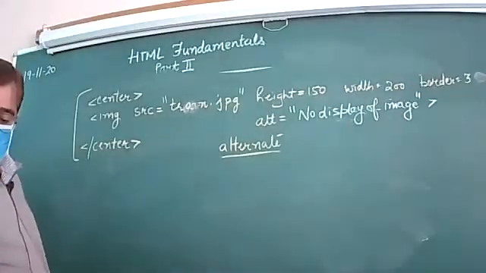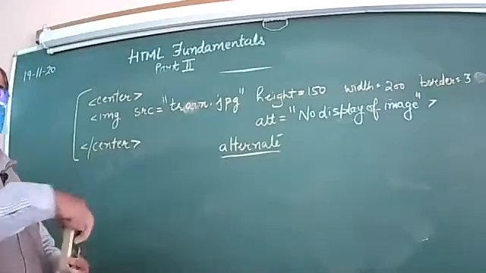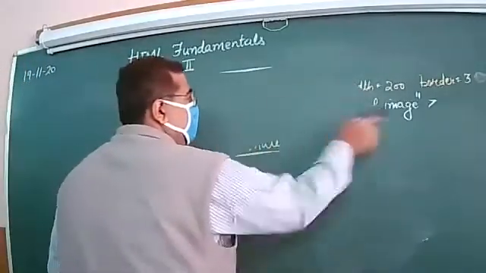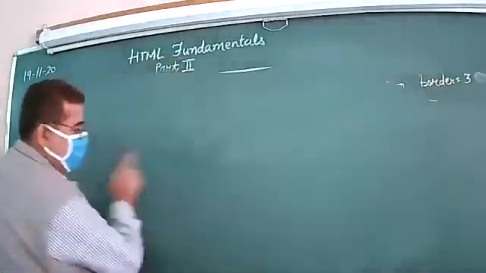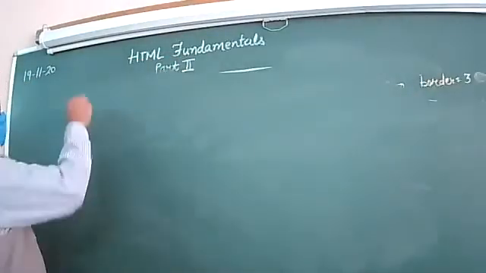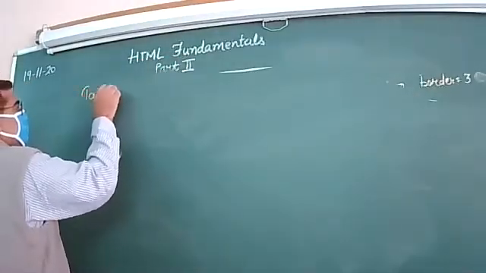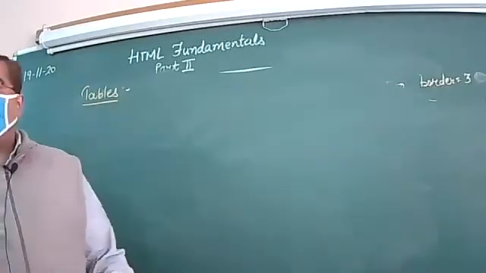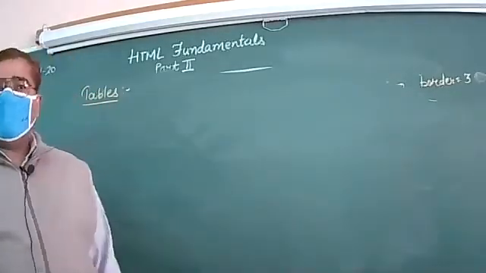All right. Now, let us start with the next topic, tables. Our next topic to revise is tables. Table, everybody knows, is an arrangement of rows and columns.